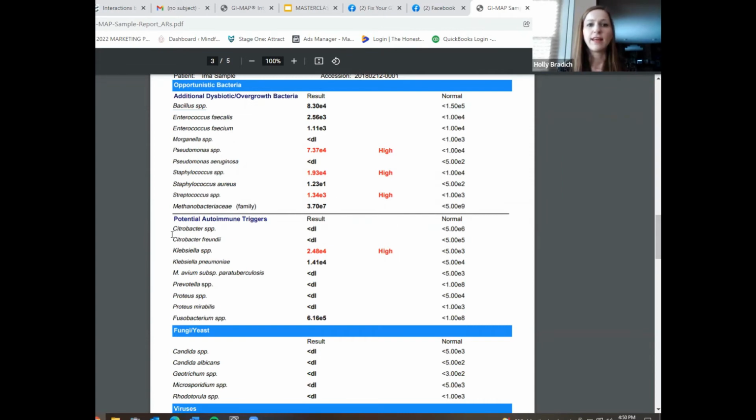So I see a lot of Prevotella and Klebsiella and Citrobacter typically in the clinic. When we look at gut reports, I'm seeing a lot of these microbes. And so this person, for example, has high Klebsiella. So that's a really high risk that they could develop an autoimmune disease if they haven't already.